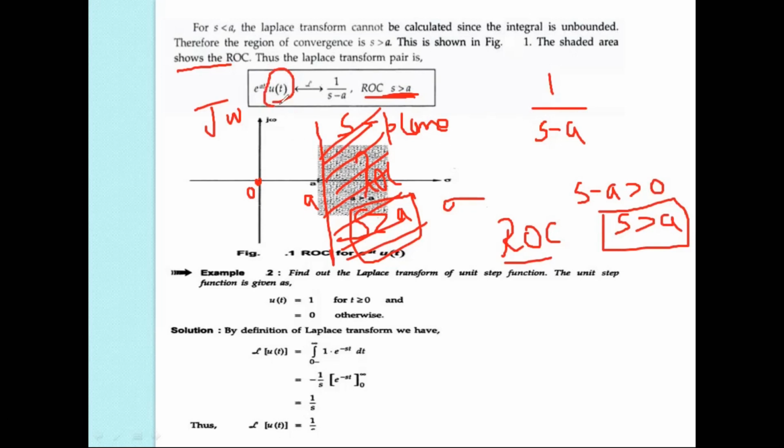If mu of t changes to negative sided, then the shaded area will be on the left hand side. Now we got the shaded area on the right hand side. The region of convergence is s greater than a, not equal to. For all values above a, it exists.